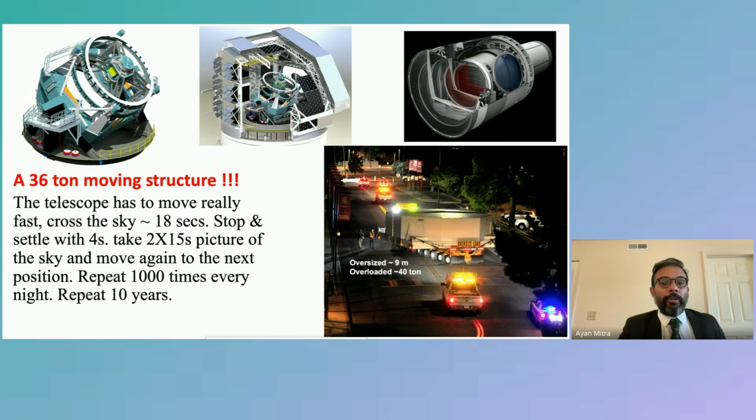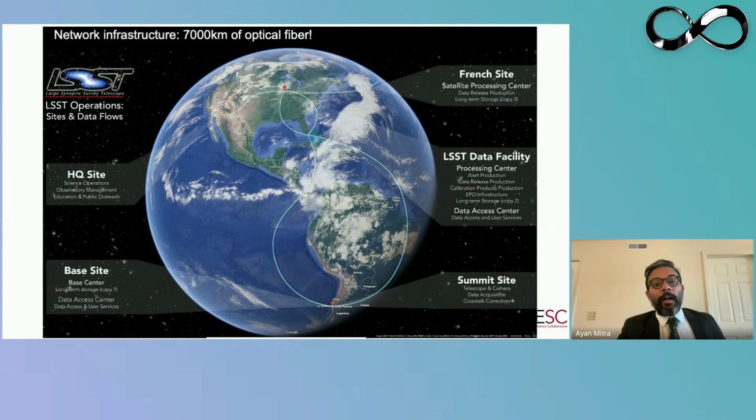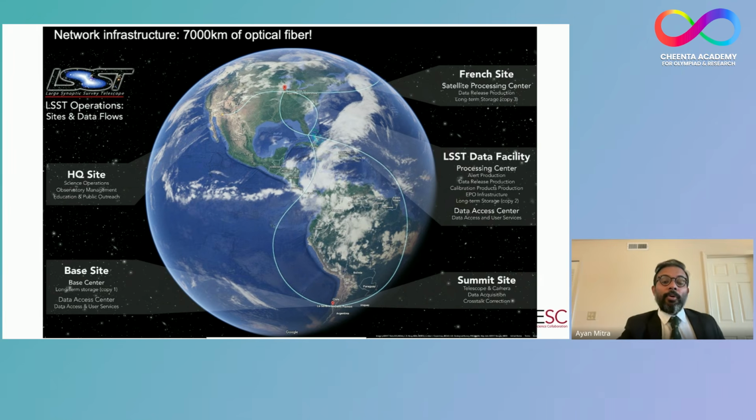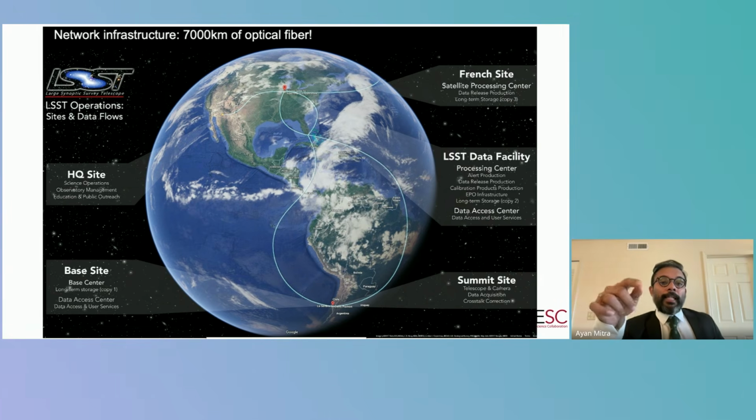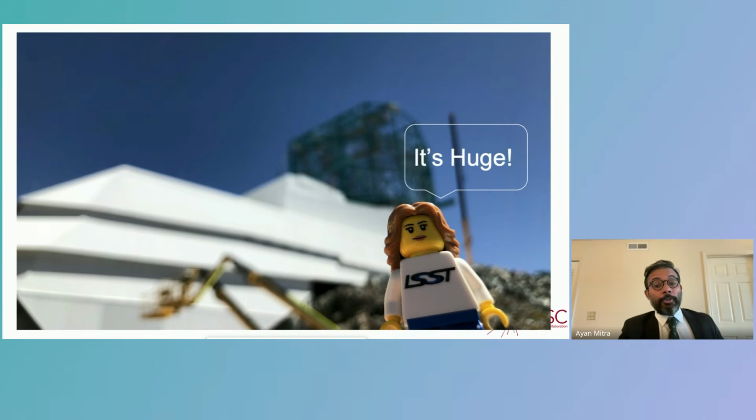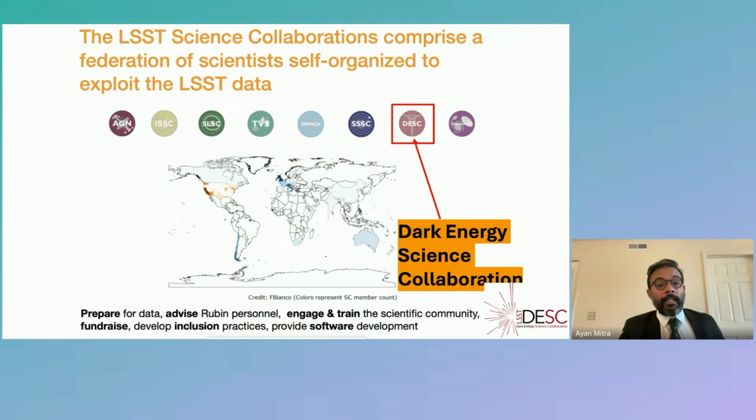We're very overjoyed about that. How it works: it's in Chile, the base site as you see at the bottom of the map. But the operational and data centers are on the East Coast and West Coast of the US, in California, at NCSA and in New York. And we also have a European counterpart in France. So it's a huge data gathering capacity.